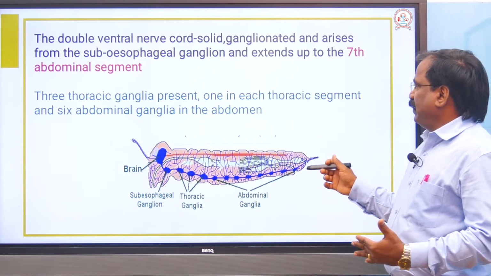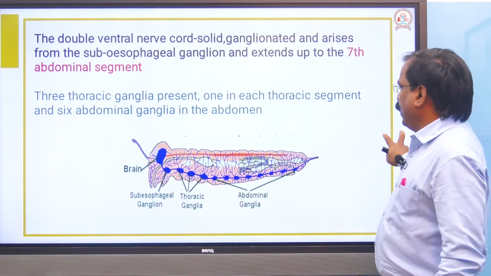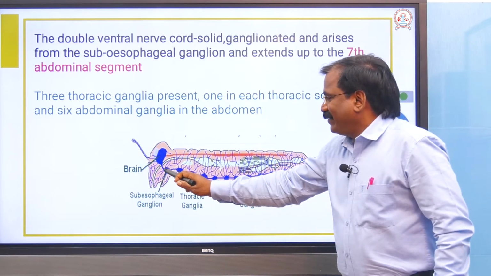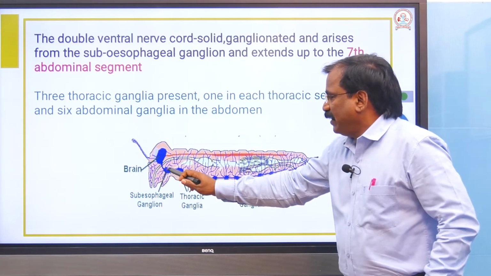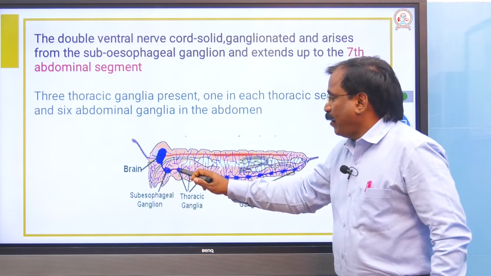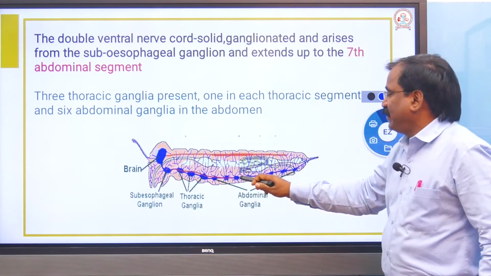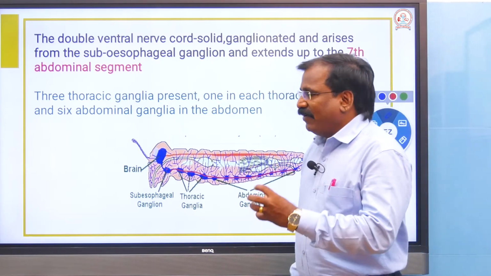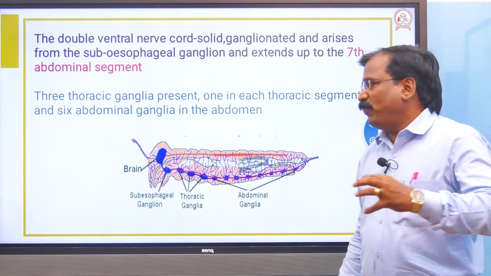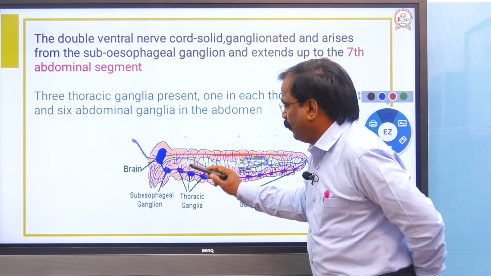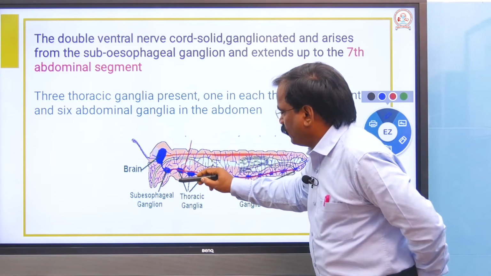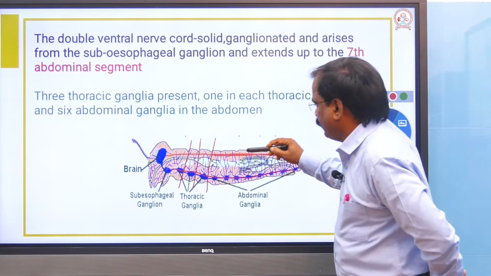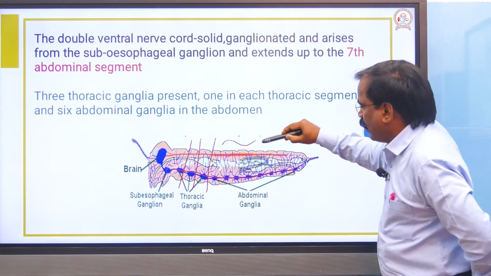As we discussed earlier, the double ventral nerve cord arises from the subesophageal ganglion and runs up to the seventh segment, and in each segment there is a ganglion. This is the first thoracic segment, the second and the third thoracic segment, and after that the abdominal segments.